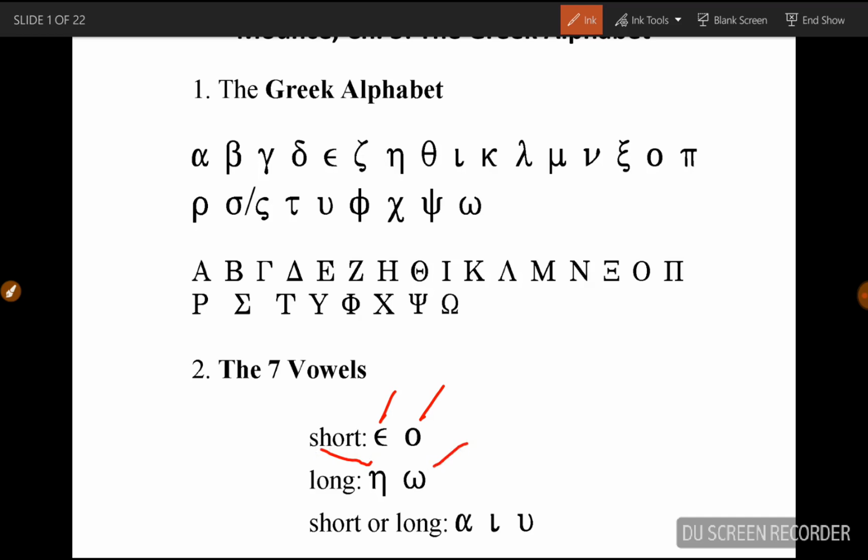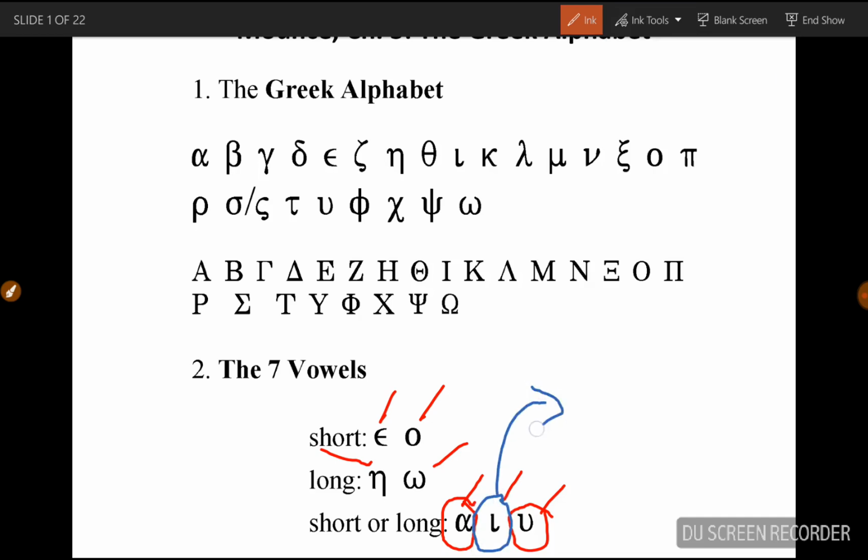And then 2 could be either short or long, depending on how it's used. That's alpha, iota, and upsilon. But whether they're short or long, they're pronounced the same way. So alpha is still always pronounced ah, upsilon is always still pronounced oo, and the only one that's really different is iota.